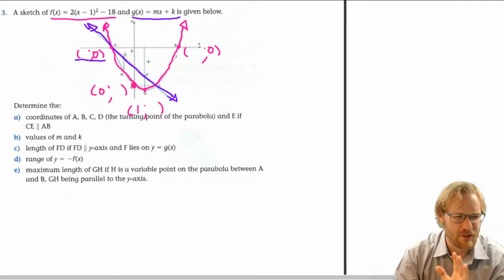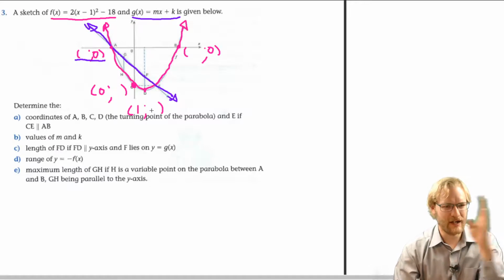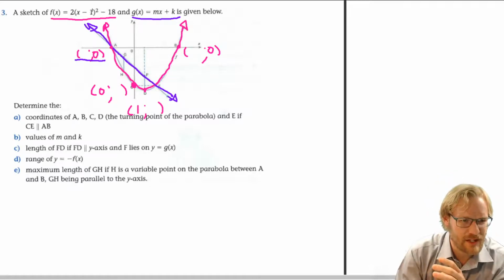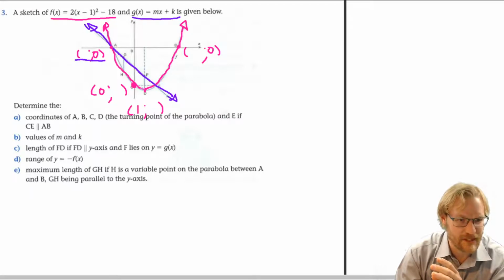Remember that whole idea of the p, it's minus 1, so it's moved right, that's fine, but p is 1. P isn't negative 1, p is the x value of our turning point, and q is the y value of our turning point.